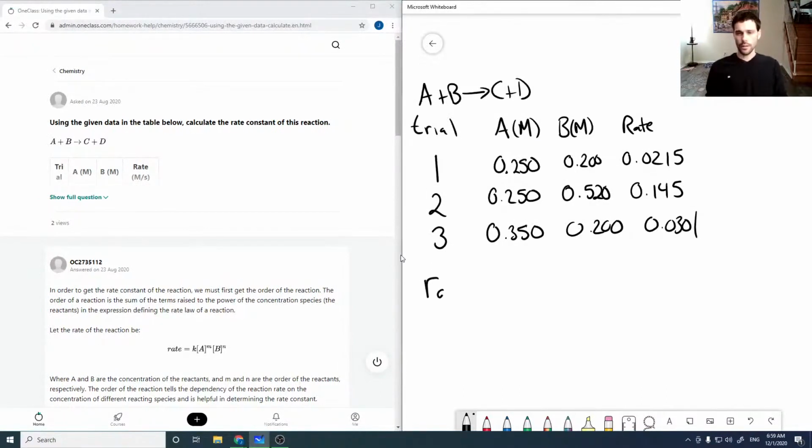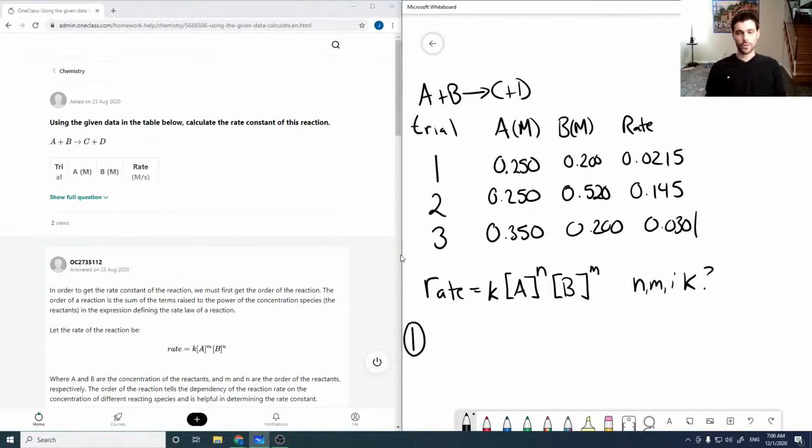Our general rate law is going to be our rate constant times our concentration of A to some factor, which is the order in A, and our concentration of B to some factor, which is the order in B. And the question wants us to solve for N, M, and K. Okay, so the way to go about this is to write out what our equations are here.